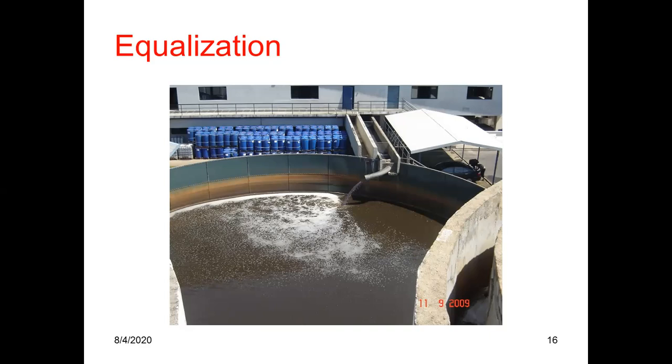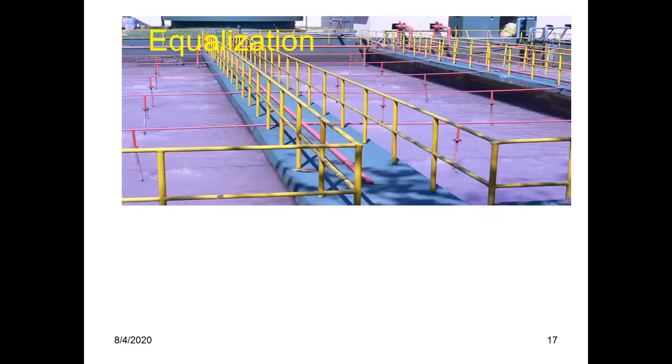There are some reasons for equalization, and some advantages and disadvantages also. In some equalization tanks, there are mixing methods using mixers or impellers, or aeration. Aeration is done to avoid odor.